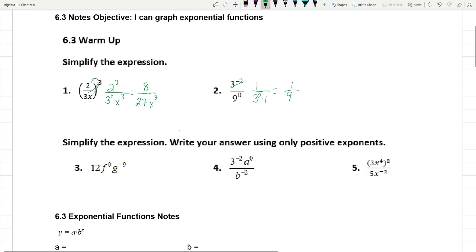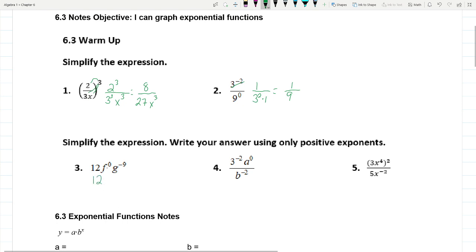All right, next one: simplify the expression. Write your answer using only positive exponents. Nothing too surprising with that. So, going left to right, top to bottom, following PEMDAS, nothing's happening with the 12. The 12 is independent of the f and of the g, so I have this 12 here.